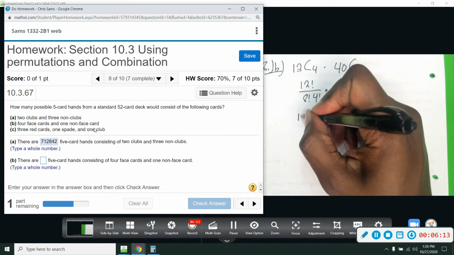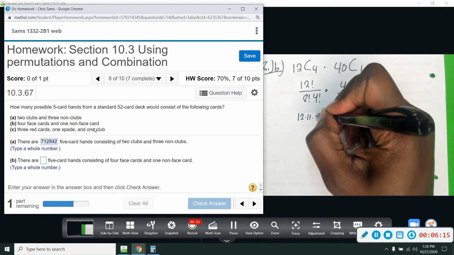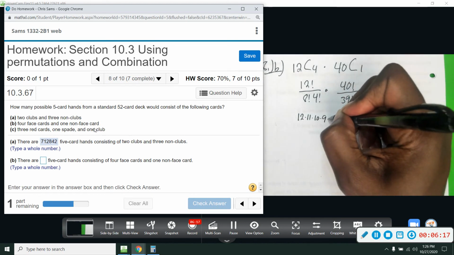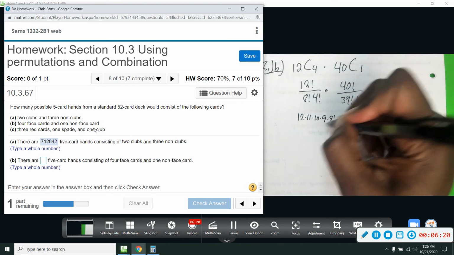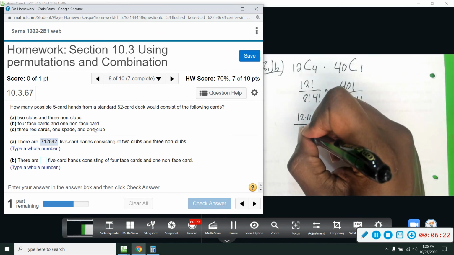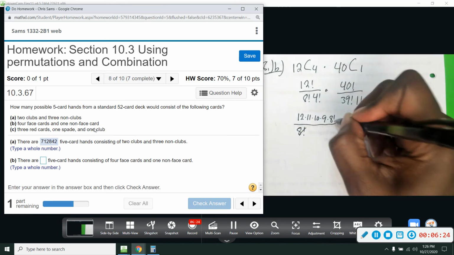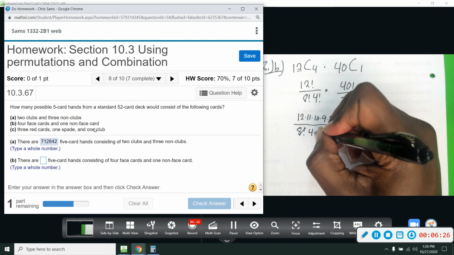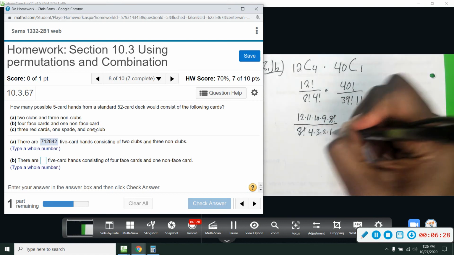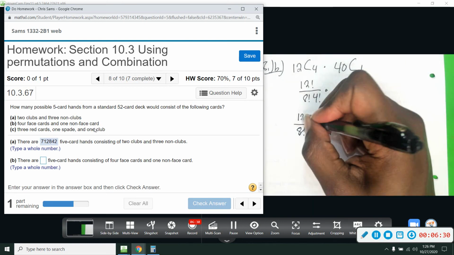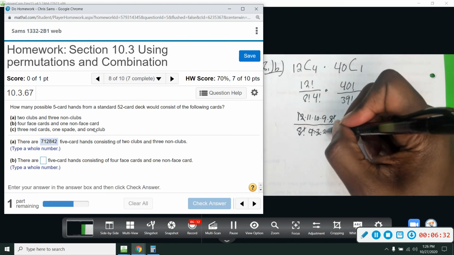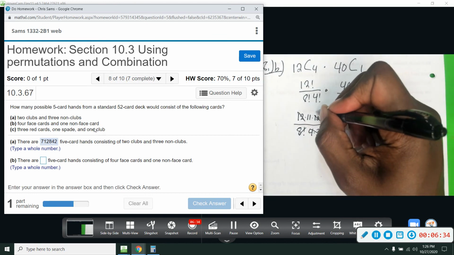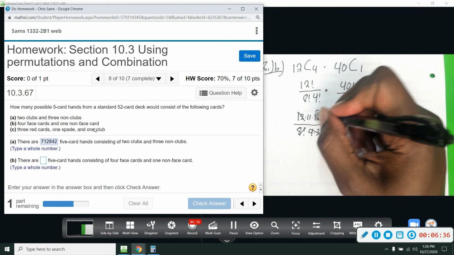Spell this out: 12, 11, 10, 9, stop at 8. 8 factorial, we'll divide out, and then 4, 3, 2, 1. 4 times 3 is 12. 2 times 1 is 2, and 10 is divisible by 2, leaving us with 5. So 11, 5, and 9.